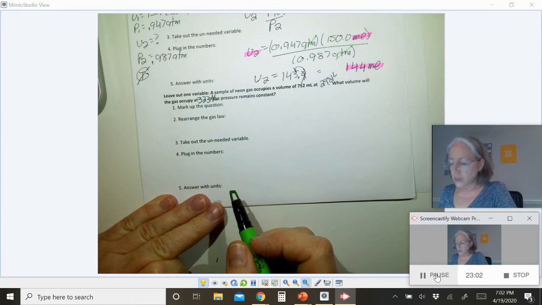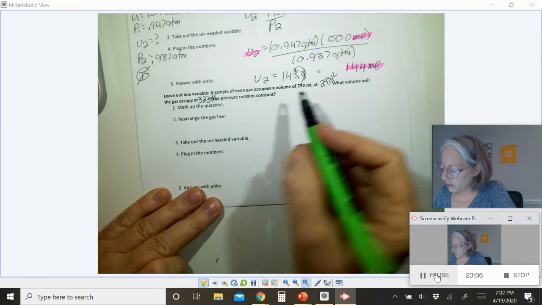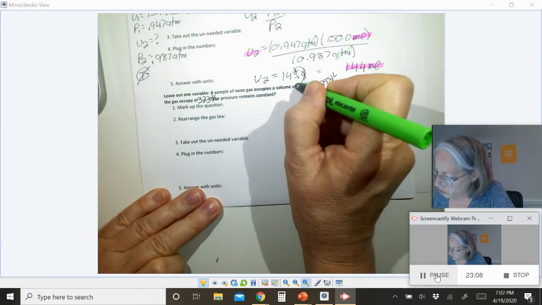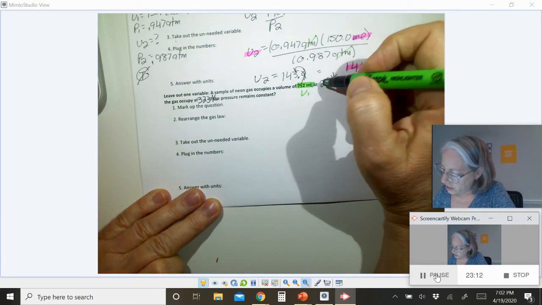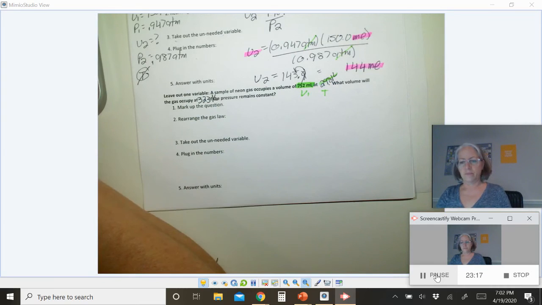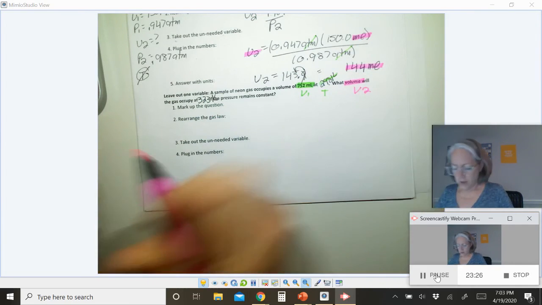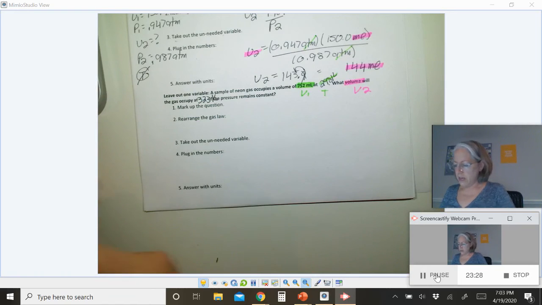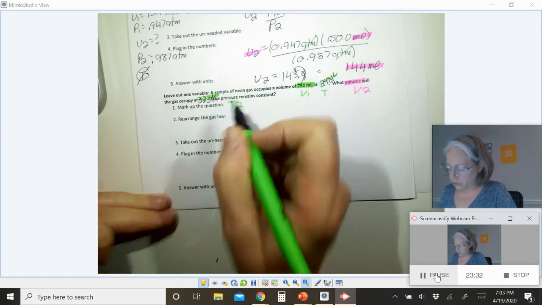All right, so this is our fourth problem. A sample of neon gas occupies a volume of 752 milliliters at 298 temperature, what volume, that's what we're looking for, will the gas occupy at 323 Kelvin, our T2.